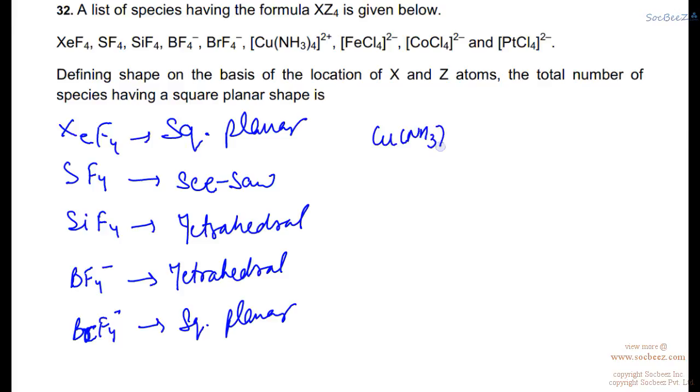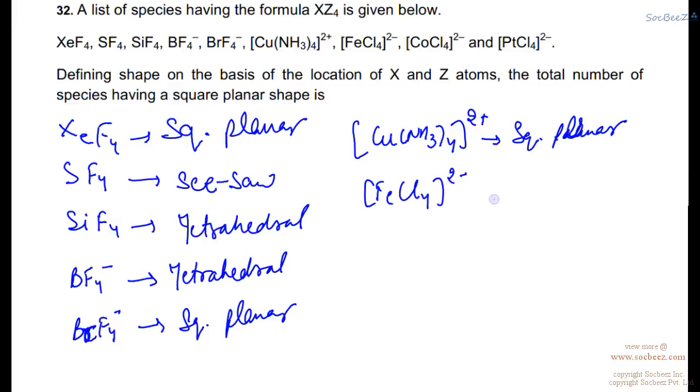Cu(NH3)4 2 positive has square planar shape, because NH3 is a high polarizing ligand.